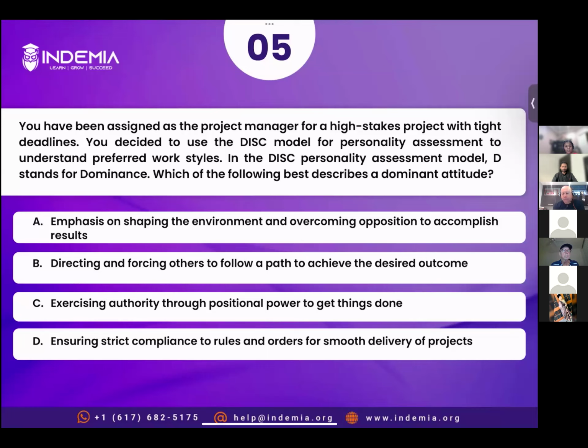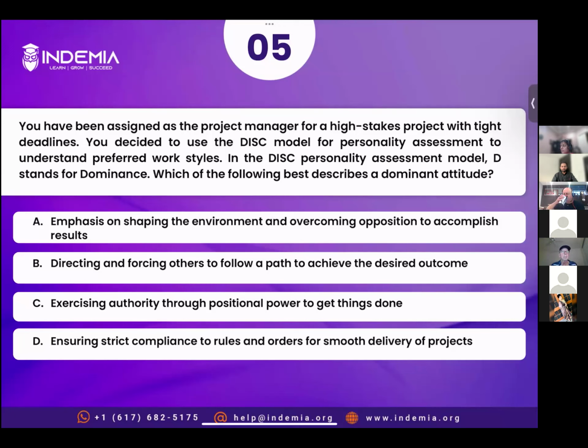So I like such kind of questions because they are very simple and straight. There's nothing confusing, and it's not a tricky statement. It's a simple statement. We are using the DISC model. What does D stand for in the DISC model, right? It's a very simple question. Dominance. So being dominant means having control over the situation, right?